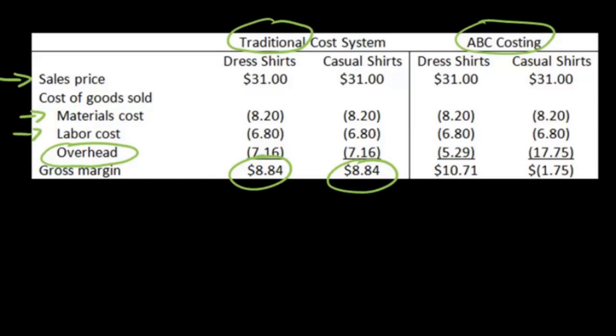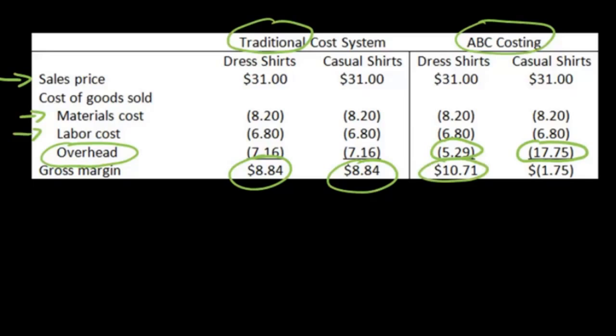That's if we use a traditional system though. Now if we use activity-based costing, sales price is the same, direct materials and direct labor are the same, but notice our overhead cost. For dress shirts, we only calculated $5.29 for overhead, and for casual shirts, we calculated $17.75 for overhead.